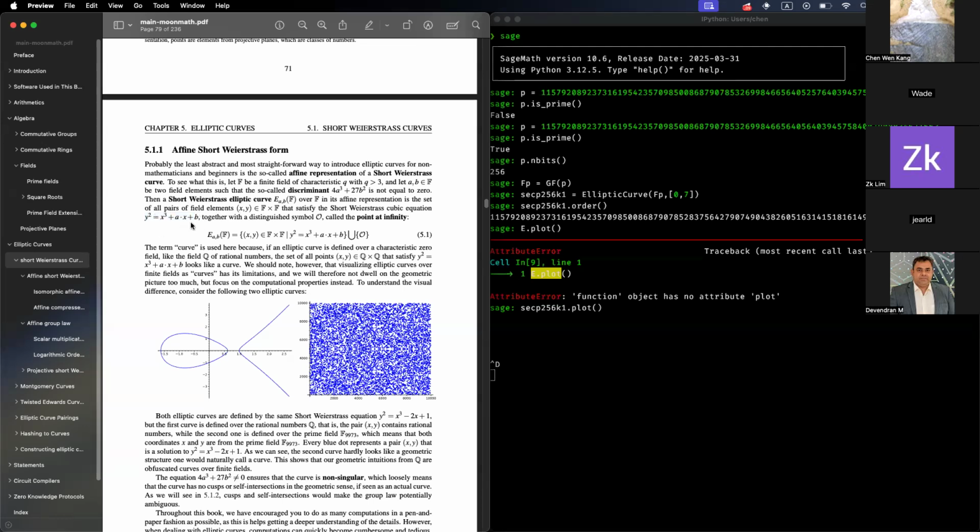The equation itself is one thing. The affine form of short Weierstrass is this equation, and it does require you to define a point at infinity. This is used for calculating the points you do not see.